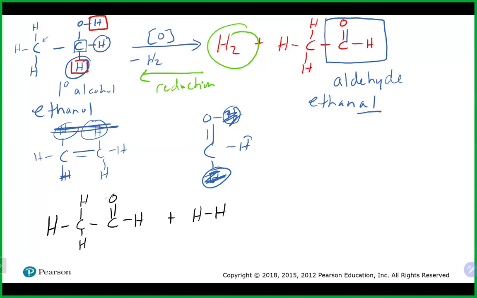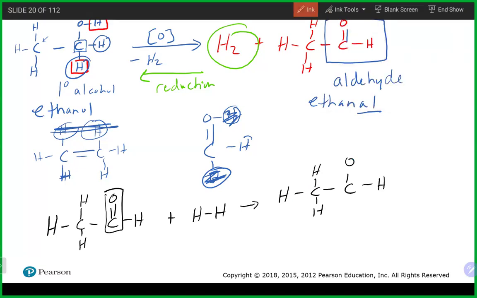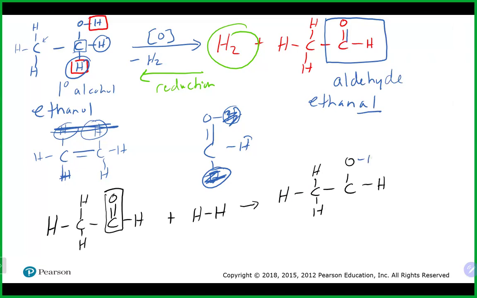And once again, it is this double bond that we're just going to make into a single bond. So we're going to copy it exactly the same way, going in the opposite direction. The double bond becomes a single bond. And now we have a place for both of our hydrogens to come in. We'll pop a hydrogen onto our oxygen, pop one onto here. And now we have our primary alcohol back from the aldehyde that we started with.